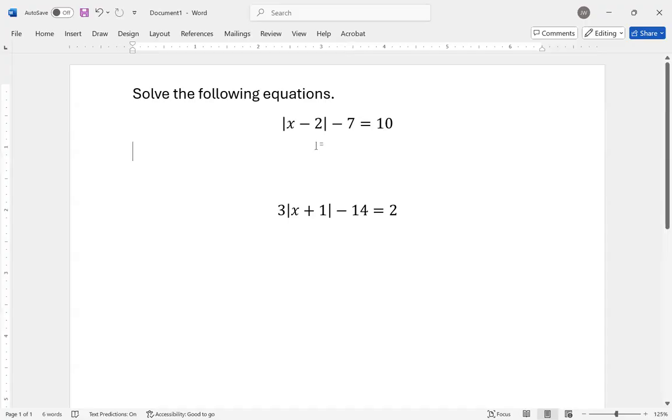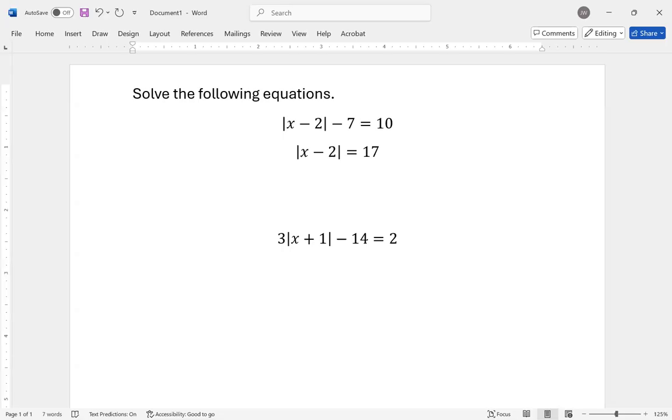The first equation says absolute value of the quantity x minus 2, minus 7, is equal to 10. We start out by isolating this absolute value of x minus 2. In order to do that, we would add 7 to both sides. When I add 7 to both sides, I get that the absolute value of x minus 2 is equal to 17.